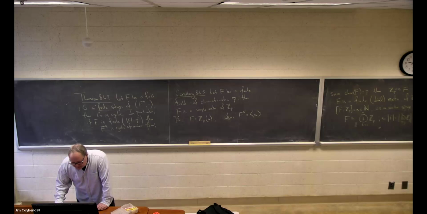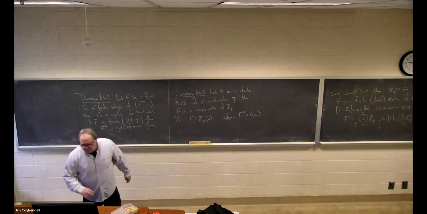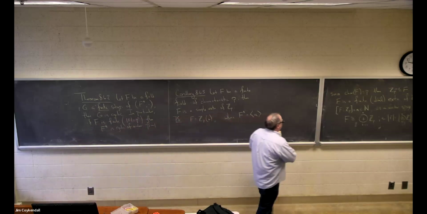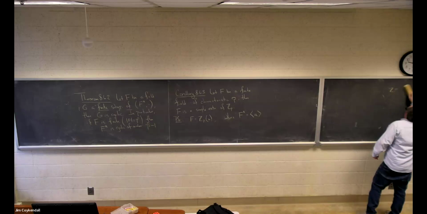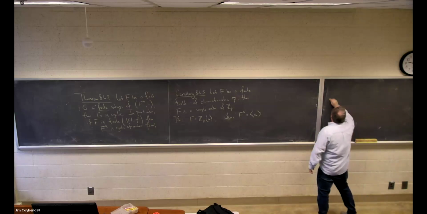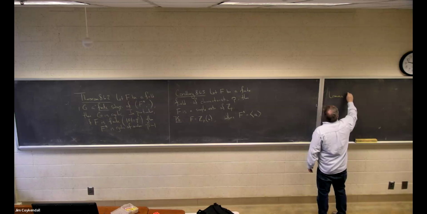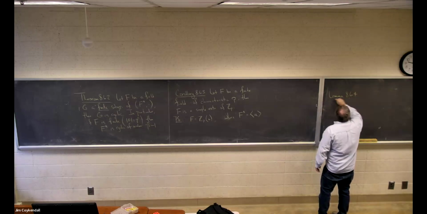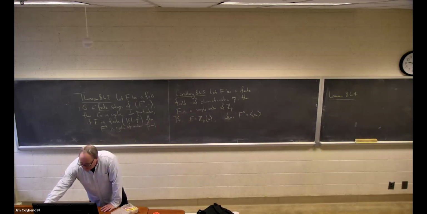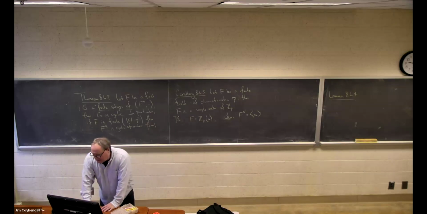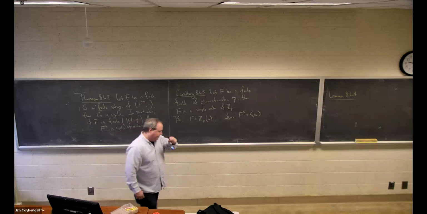Now we're going to introduce something called the Frobenius map. Let F be a field of characteristic p and r an integer.